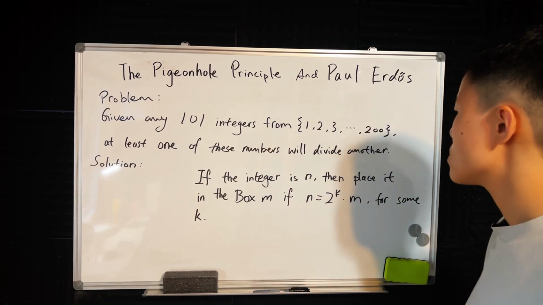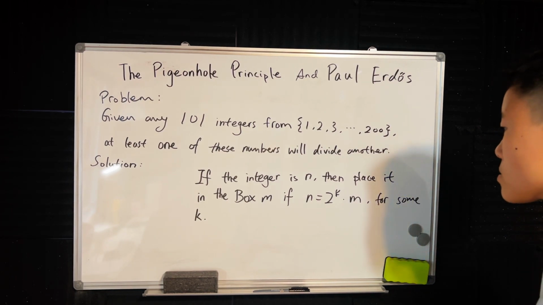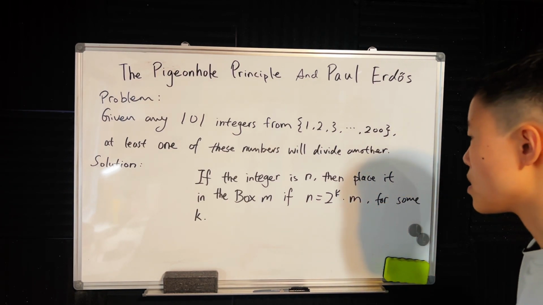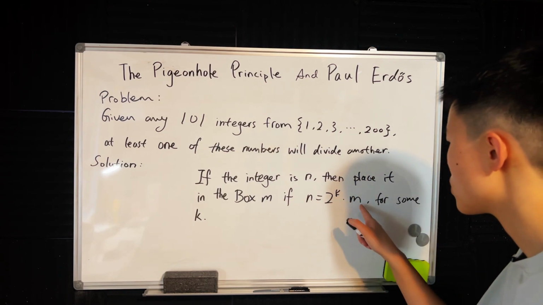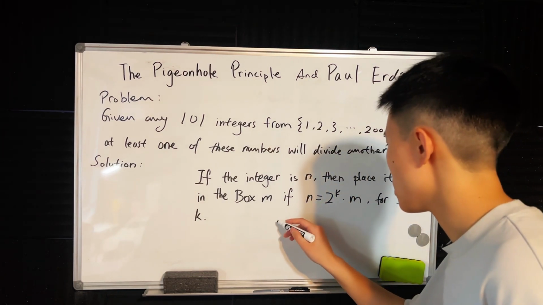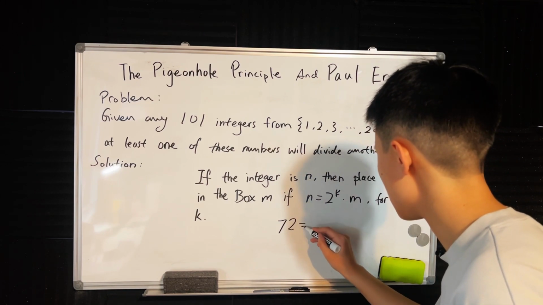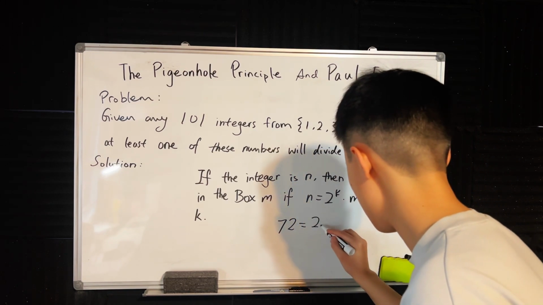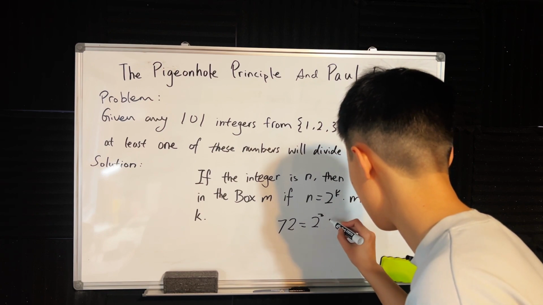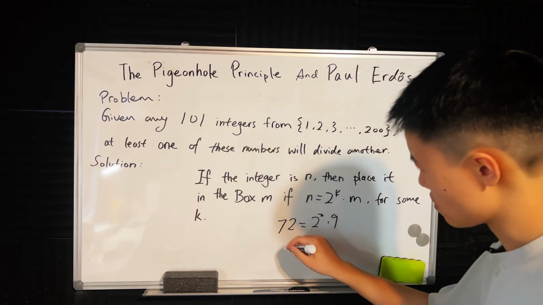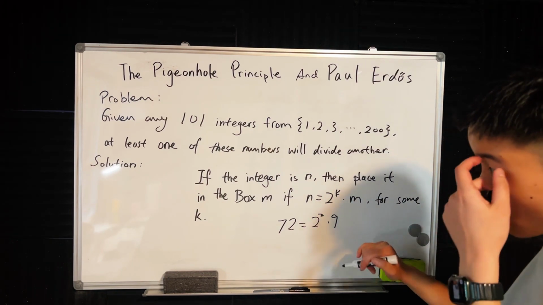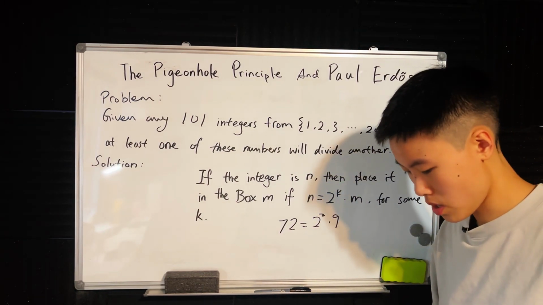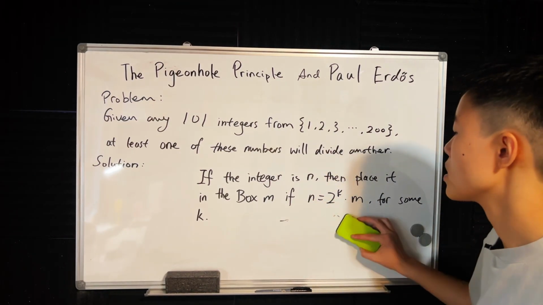This is the criterion for the box. So for every box m, you put all the numbers that are of this form. For example, 72 is equal to 2 to the third times 9, so 72 will go into box 9. And so on for each box.